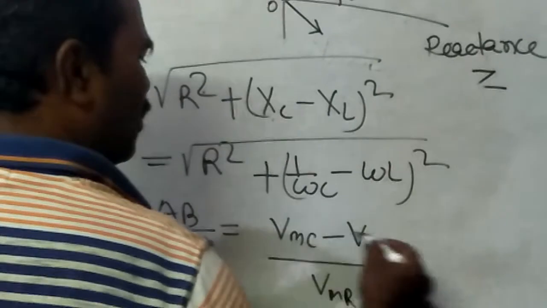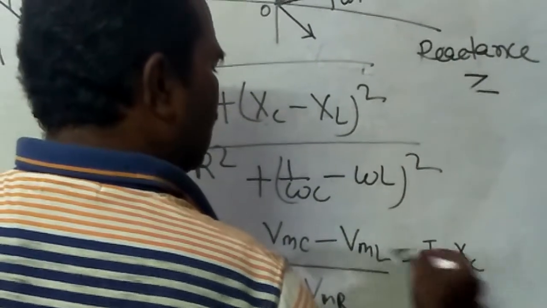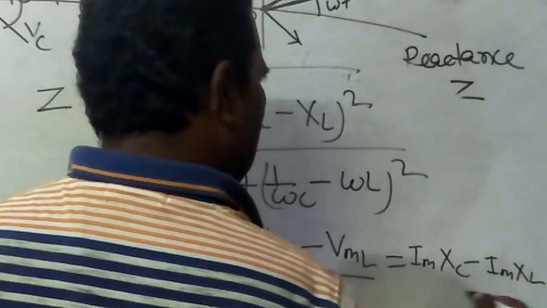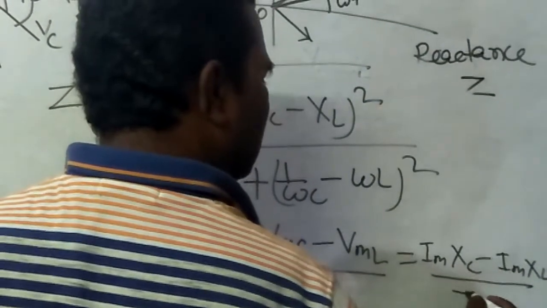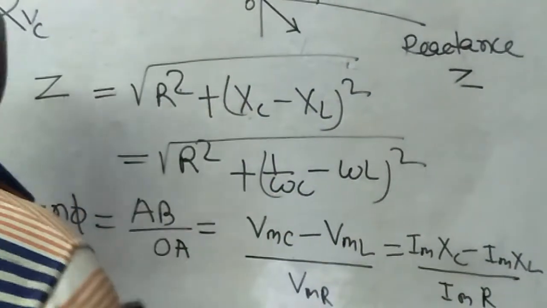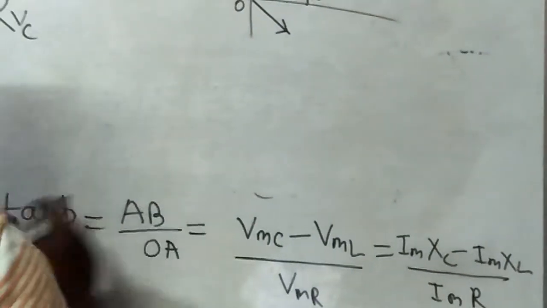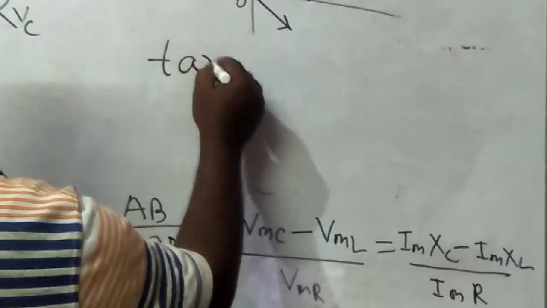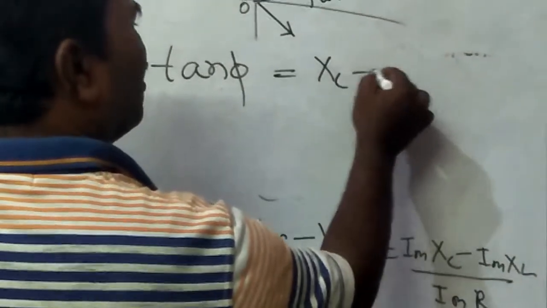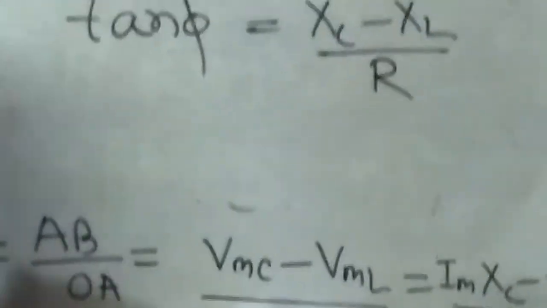Put the values: VMC is Im into Xc, VML is Im into XL, and VMR is Im into R. Take Im common and cancel. We get the relation of phi: tan phi is equal to Xc minus XL by R.